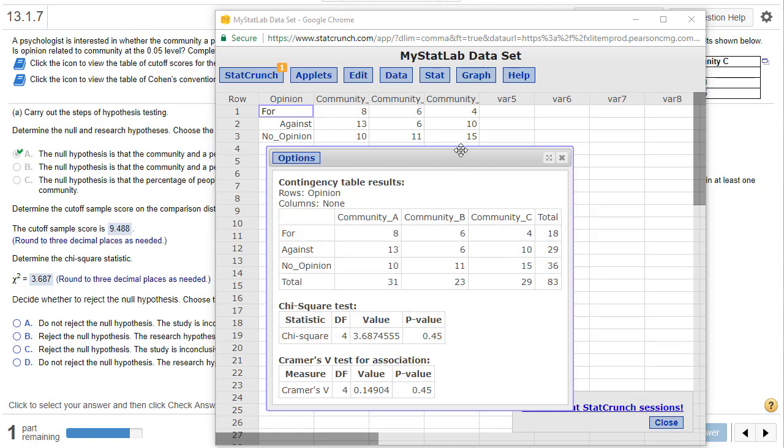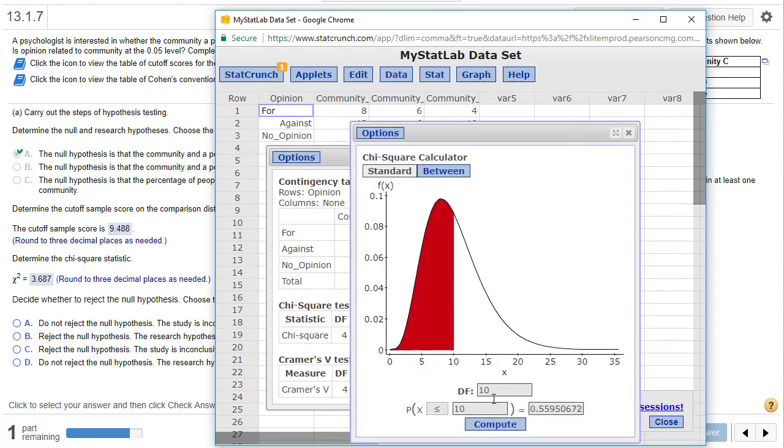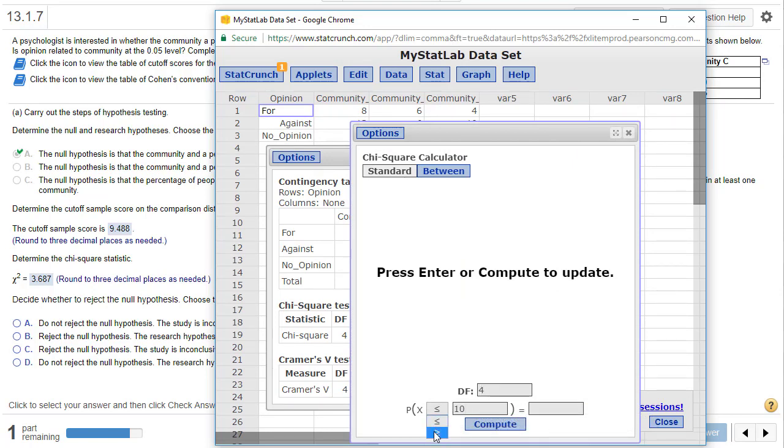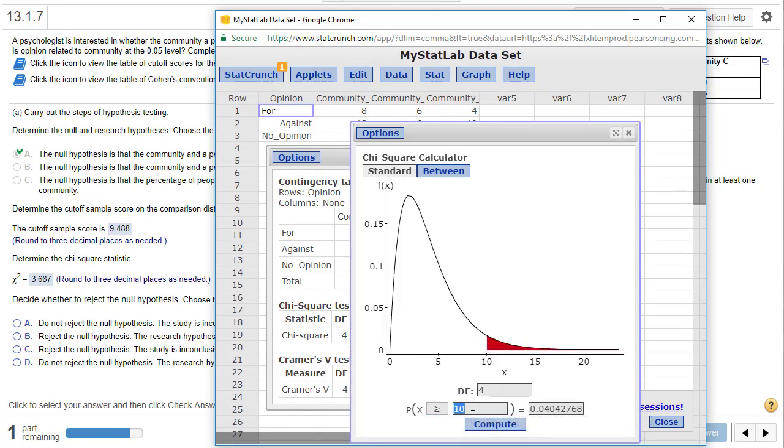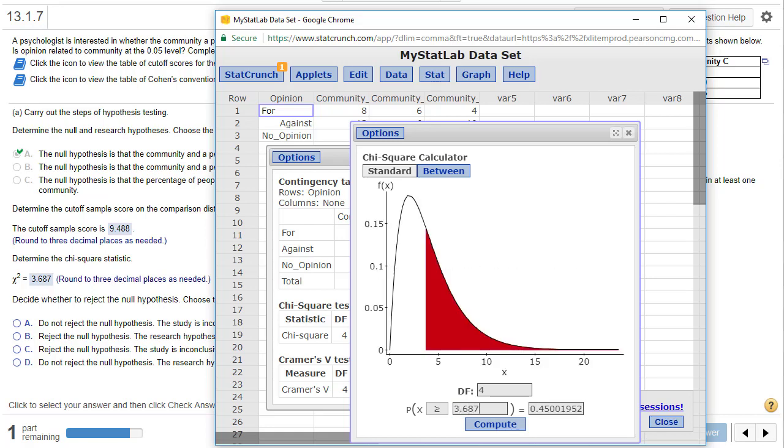So let me show you again what this looks like visually. I can go to Stat, Calculators, and select chi-square. Our DF was 4. And we're going to be going greater than, what do we get for our chi-square statistic? 3.687. There's our 0.45. Very likely this could have occurred just from random chance alone, right?